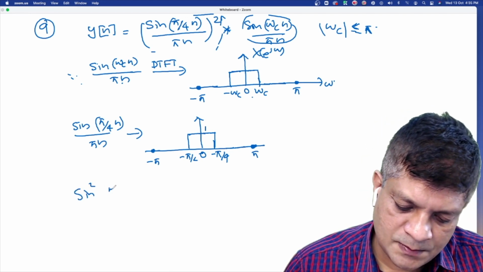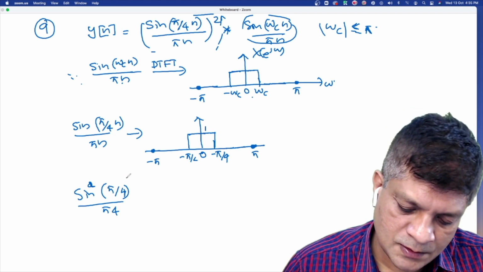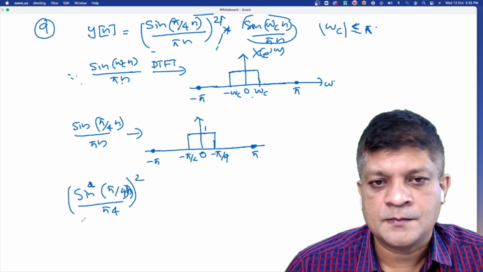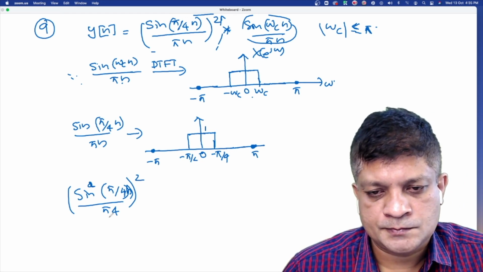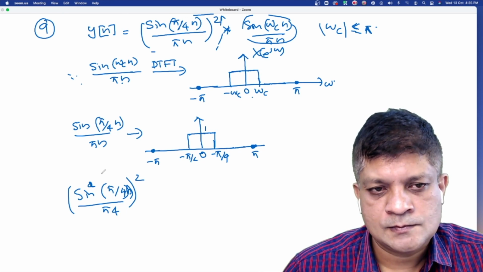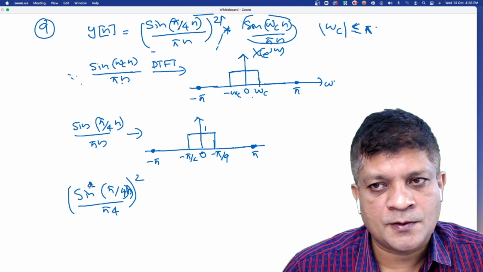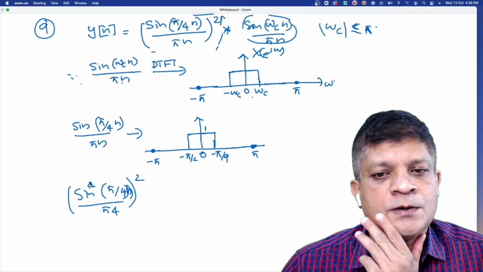Now what about sin squared of pi n by 4, over pi n whole squared? What is the property? Convolution in the Fourier domain, and it is periodic convolution.